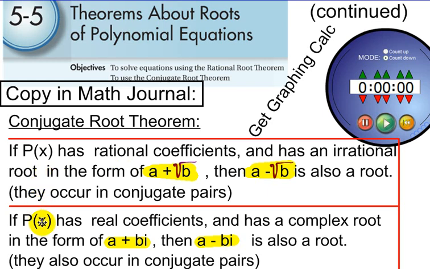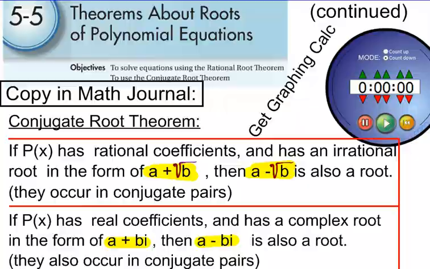And for a polynomial function with real coefficients, if they have a complex root, such as a plus bi, then you know that a minus bi is also a root.